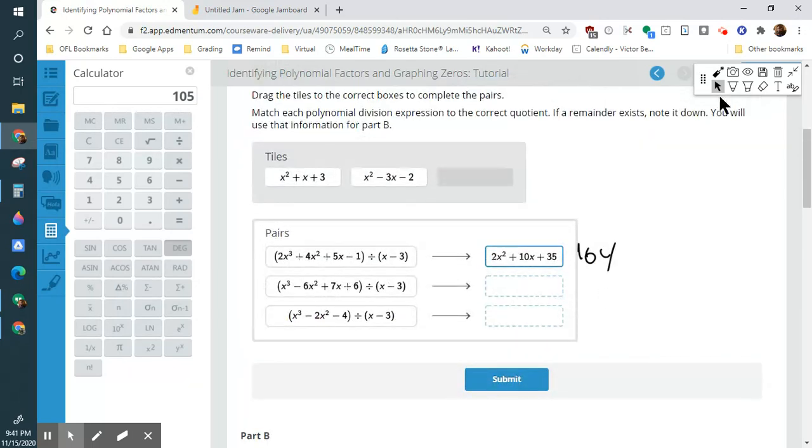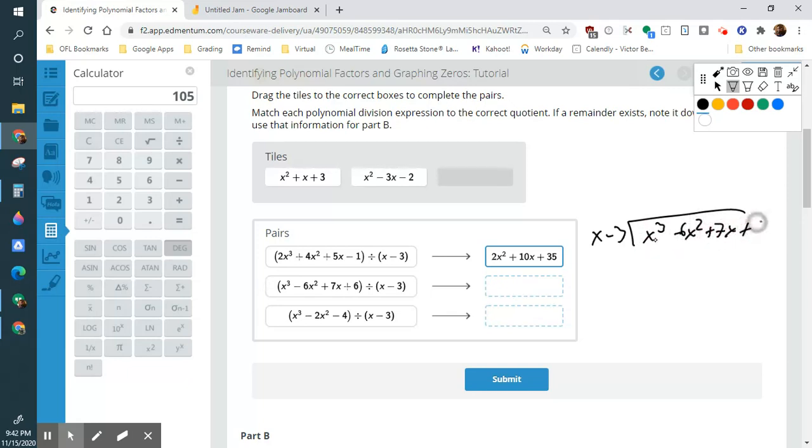Now let's go to the next one. All right, so the next one, this one is even longer. So what I'm going to do here is x minus 3, x to the third minus 6x squared plus 7x plus 6.